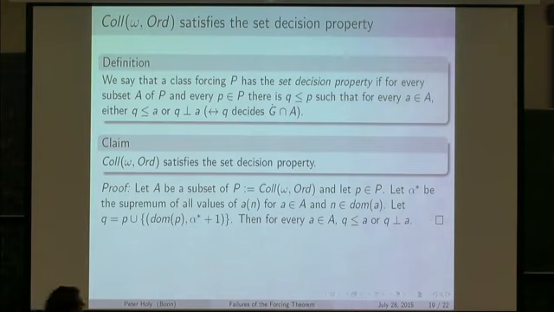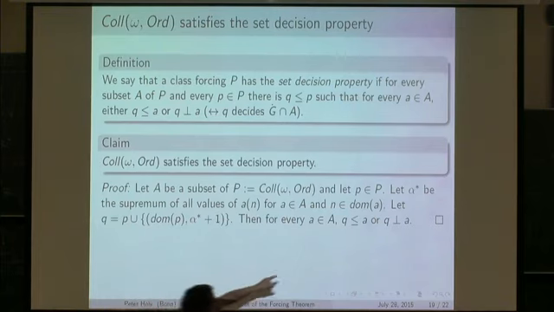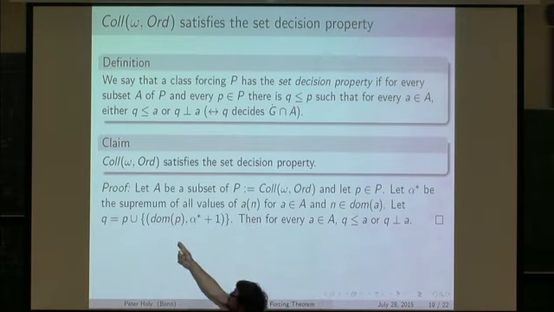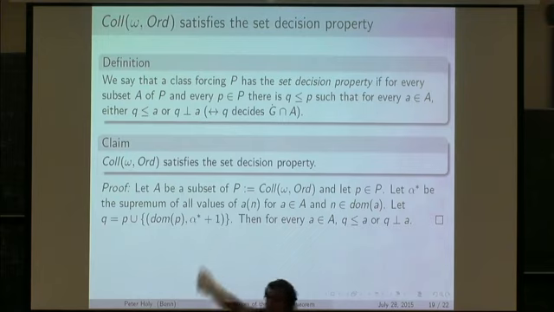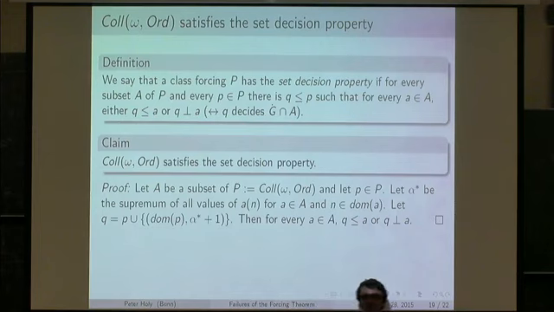And then it's very easy to see that if you take any condition A in the set big A, either Q is stronger than A or Q is incompatible with A. That is because Q just has a component that is larger than anything that appears in A. So if you are in big A, you are either an initial segment of Q or you're incompatible with it, because if you're not an initial segment, you will definitely have a value which is less than or equal to alpha star. And this is essentially just the basic argument that you could do for this collapse forcing in slightly more generality, really.